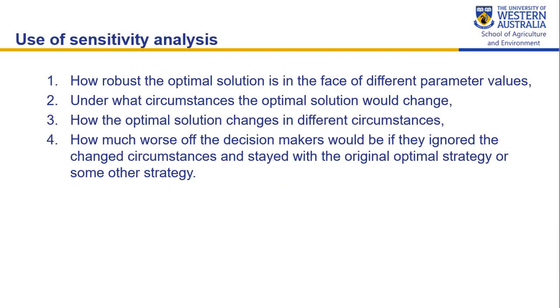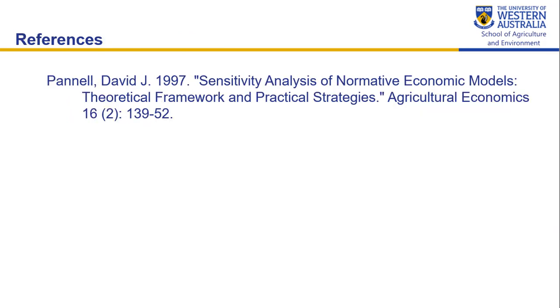However, in a nutshell, sensitivity analysis could be used in various ways, for example, to understand how robust the optimal solution is in the face of different parameter values, under what circumstances the optimal solution would change, how the optimal solution changes in different circumstances, and how much worse off the decision makers would be if they ignored the changed circumstances and stayed with the original optimal strategy or some other strategy. Thank you.